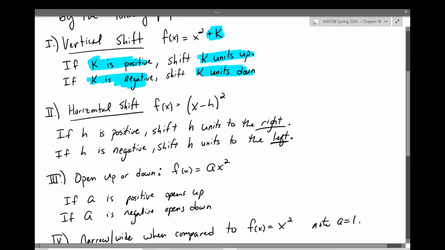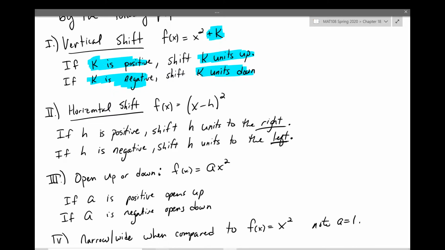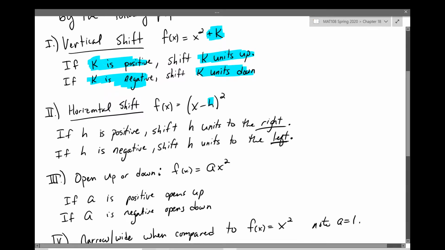Now, for horizontal shifts, notice here, f of x equals x minus h squared. All right, x minus h quantity squared. Now, it has to be x minus h. And the thing that we're concerned with here is only the h. We do not look at the negative sign in front of the h, okay? Let me make that a little note here.